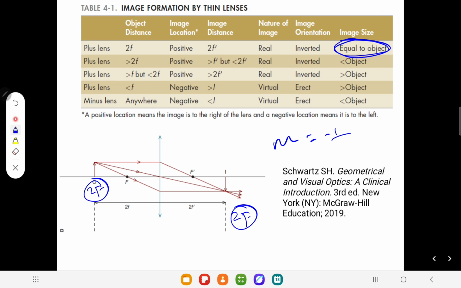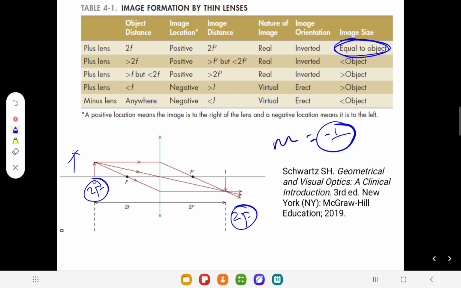But at the same time you have to understand why 2f is important, because before 2f, wherever the object is, the image will be inverted, real and minified. At 2f, nothing changes. It is real, it is inverted, but magnification is unity, so object size and image size are equal.